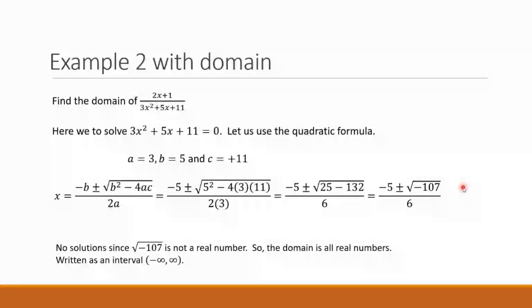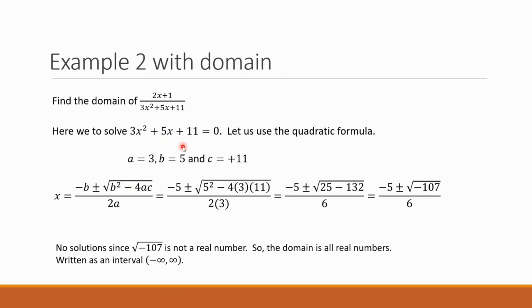Okay. Here's another example. We have this rational expression. The denominator is a quadratic, so you want to know when this equation holds. You could try factoring it, but mostly because the coefficient of x squared is greater than 1, I personally would just dive right into the quadratic formula.